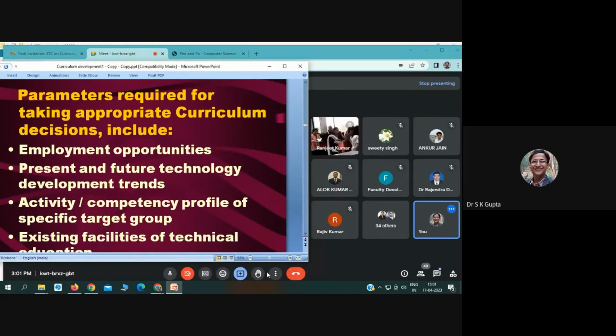So when we want that our curriculum should be data based, means first of all we should ascertain what are the employment opportunities, because any program for which there are no employment opportunities, we should not start that program.